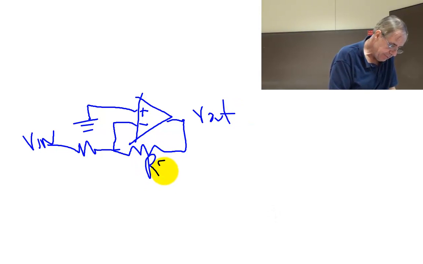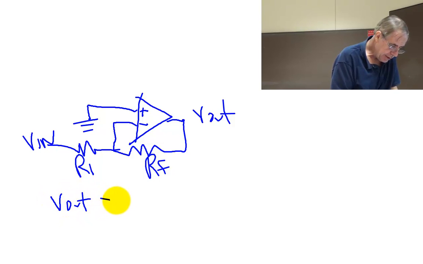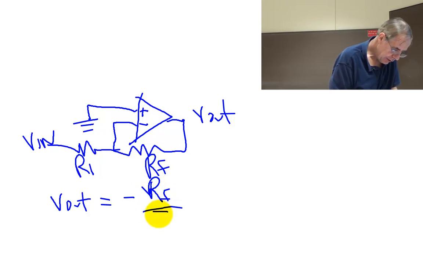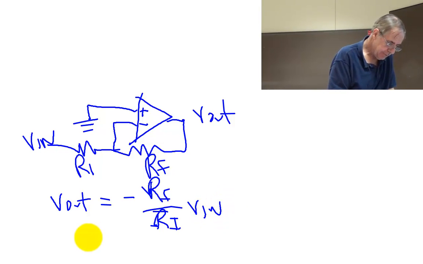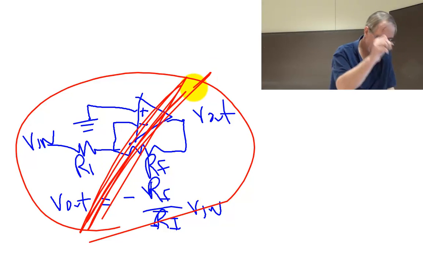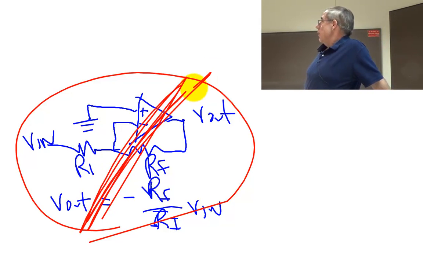If this is the feedback resistor and this is the input resistor, this output is negative RF over RI times VN. But this circuit doesn't work. It violates rule number 2. Well, I don't care what the number is, but what rule did I violate?